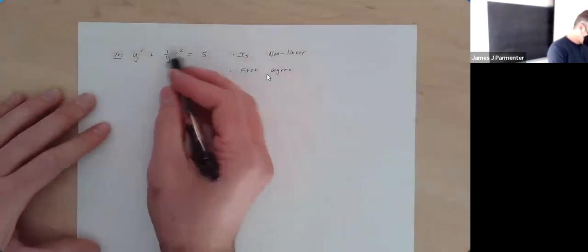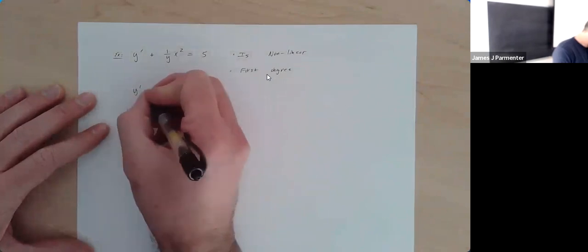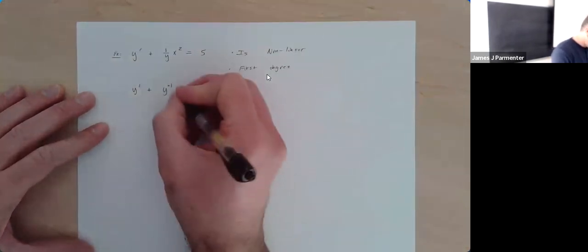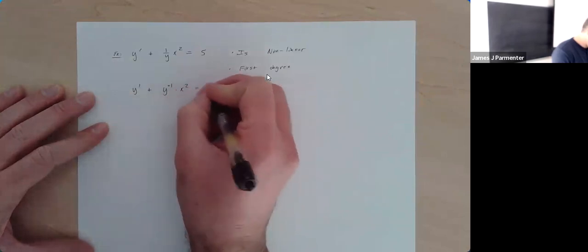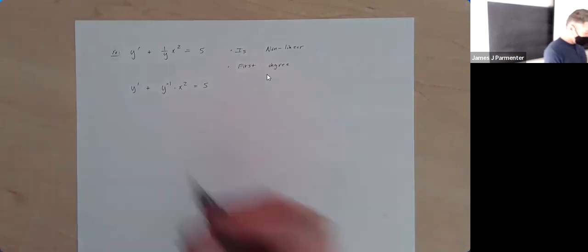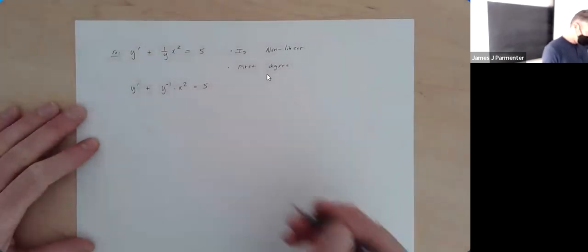Well, because really what I have here is a y prime plus y to the negative 1 times x squared. And so having y to an atypical power makes it nonlinear, or having y multiplied by something that's not just a function of x makes it nonlinear. So this is nonlinear in the same sort of way.